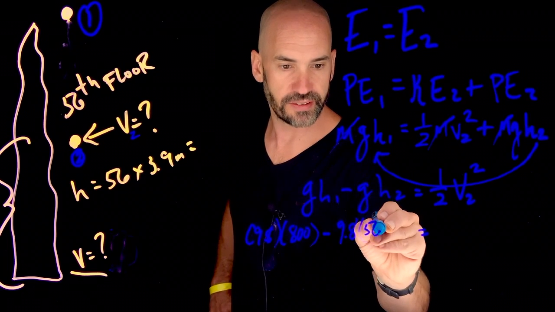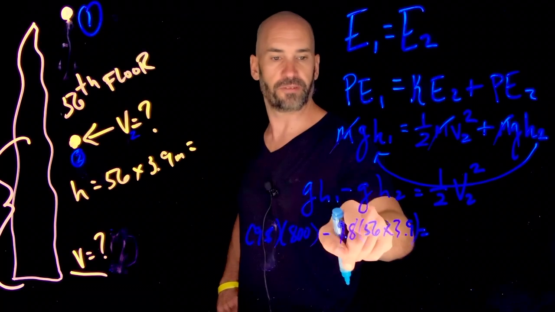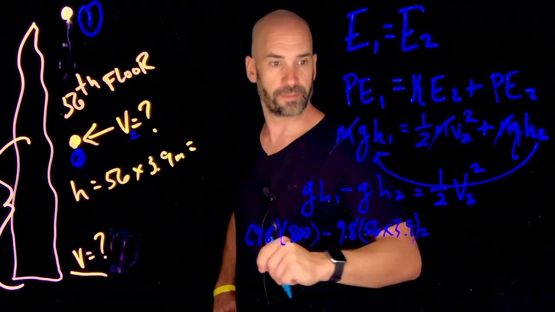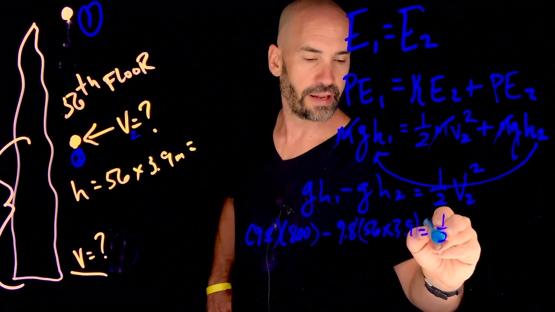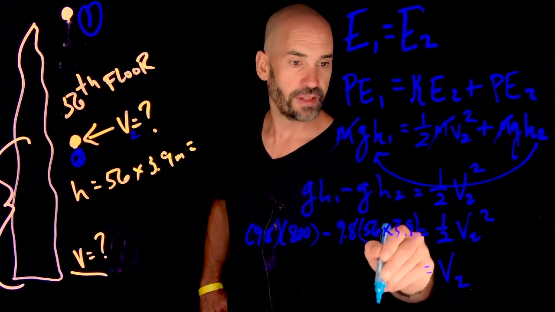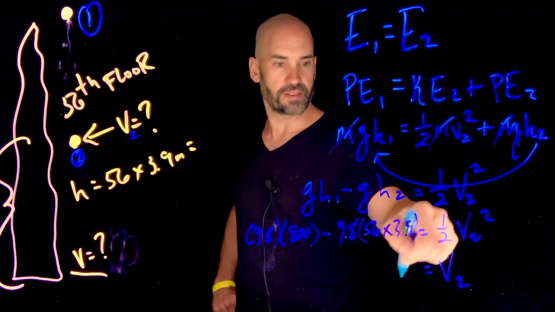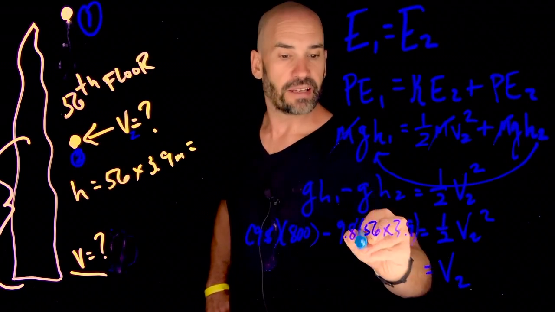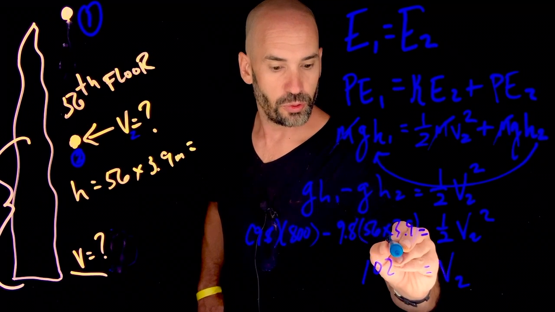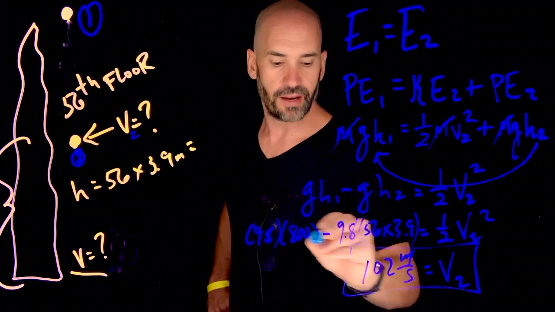So 56 floors at 3.9 meters per floor is equal to 1/2 v2 squared. I solve for my v2 again. I take this, multiply by 2, take the square root, and now I get 102 meters per second. Check it out.